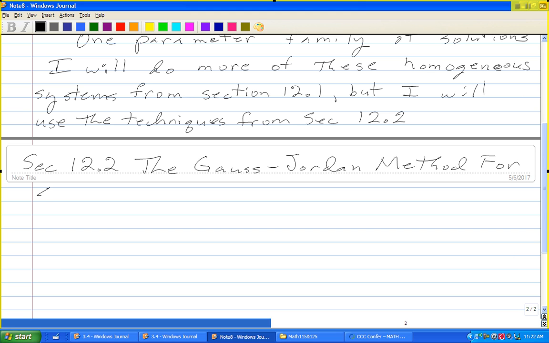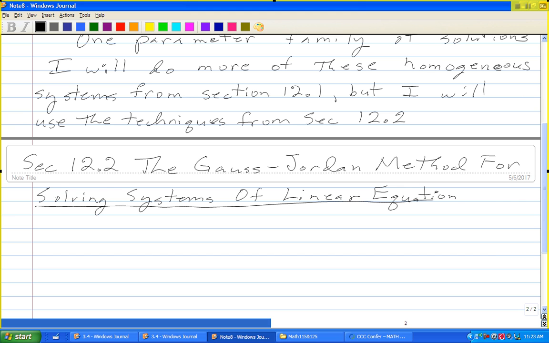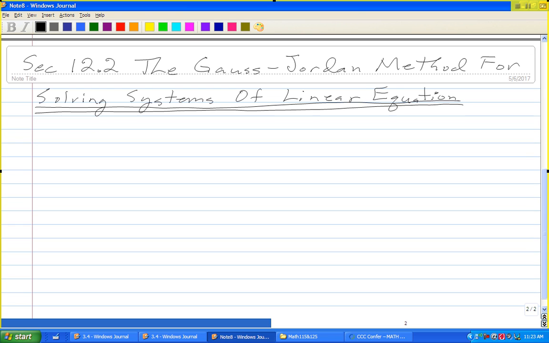Solving systems for linear equations. So, let me first give you some terminology. And so, the idea of a matrix.